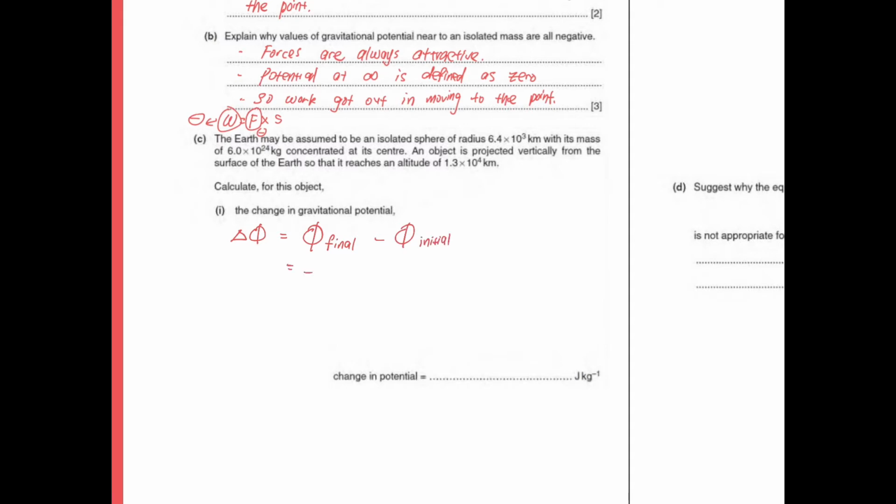So which is minus GM over R final minus negative GM over R initial. This is the gravitational potential formula. So we just factorize it first. Okay, so we factorize out the GM so that it becomes GM times (1 over R initial minus 1 over R final).